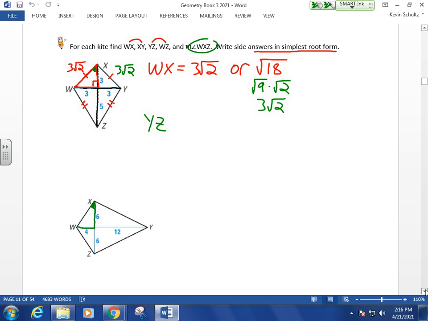This is also from your previous unit. Somebody new? No? All right, Sebastian, your hand was up first. So if you're doing WXZ, you don't have to do that whole triangle.